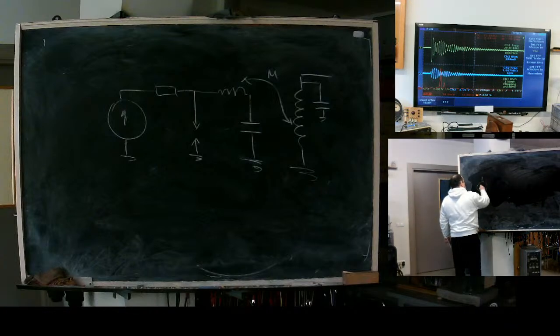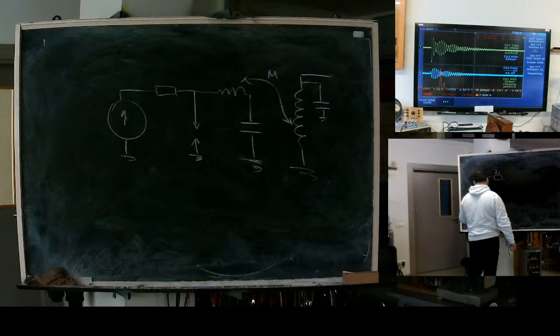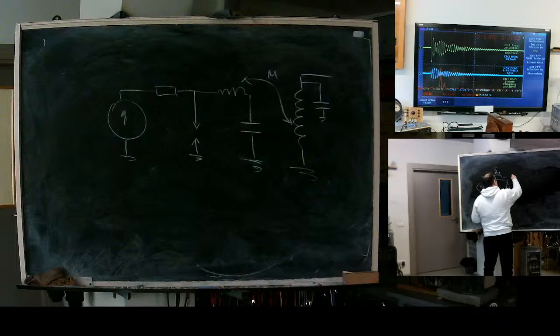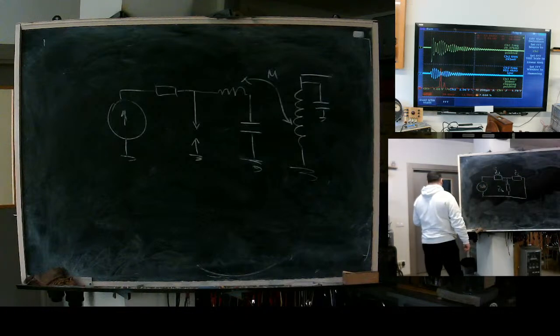We will have a source, a primary impedance, some kind of coupling impedance, which is from the coupling side connection or link, and an impedance on the secondary side.